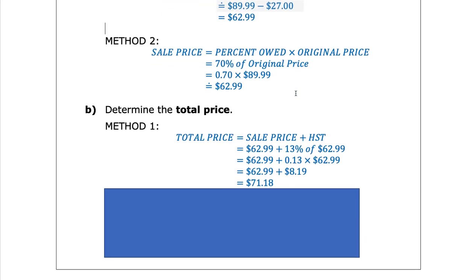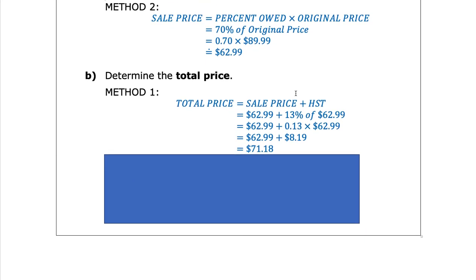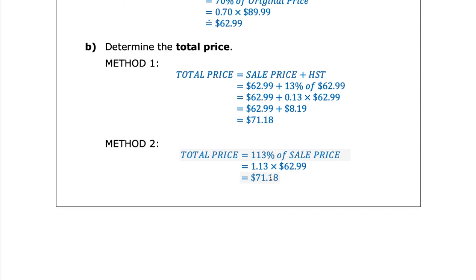A similar type of thinking can be applied to part B. Determine the total price. If we have our sale price already calculated as in part A, then we need to add an additional 13%. Let's look at method 2.